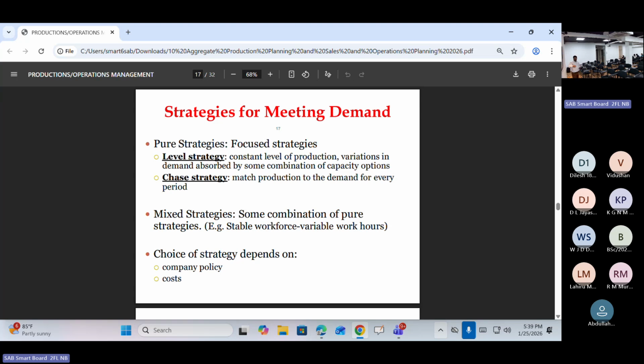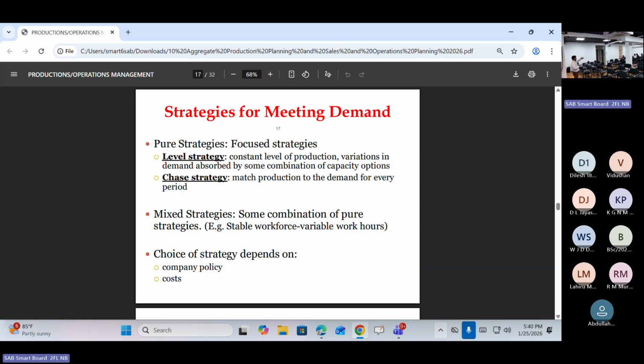Level strategy means the factory decides to maintain a constant production rate, whereas chase strategy refers to an approach where they change the production according to the market demand changes. So those are the two approaches. What are those two?